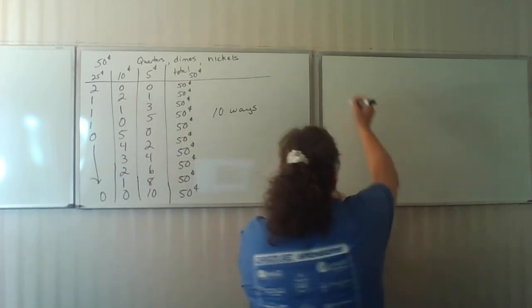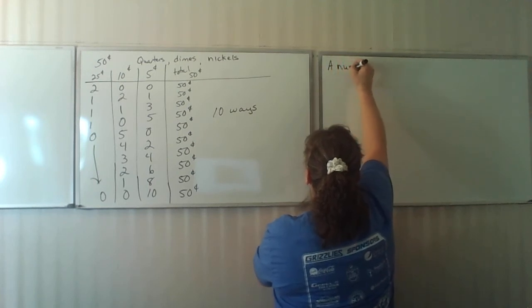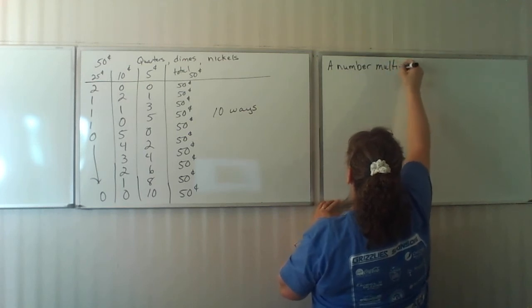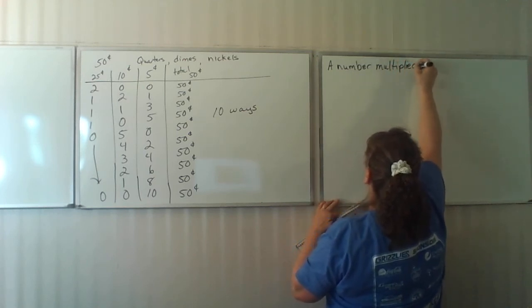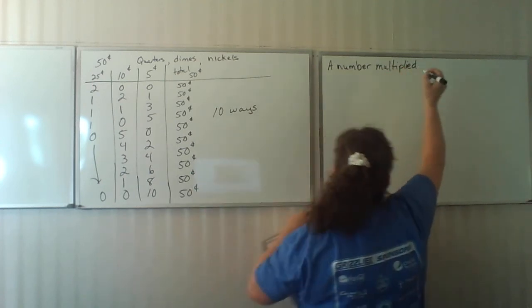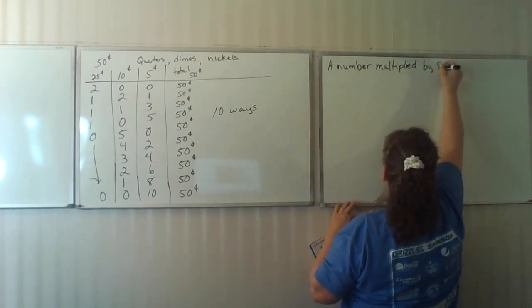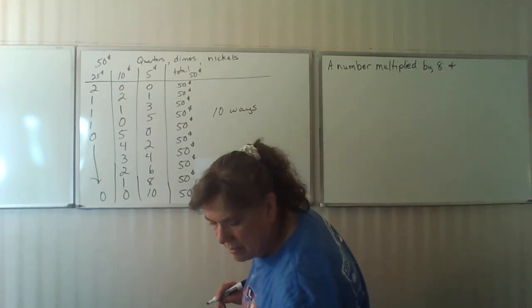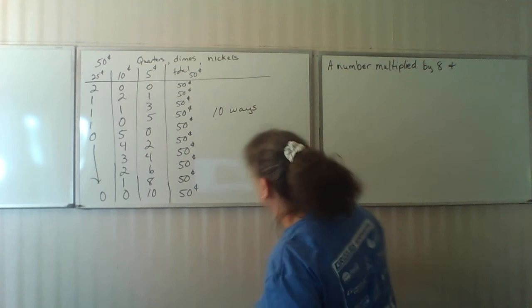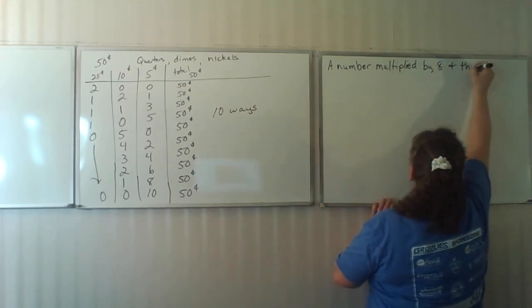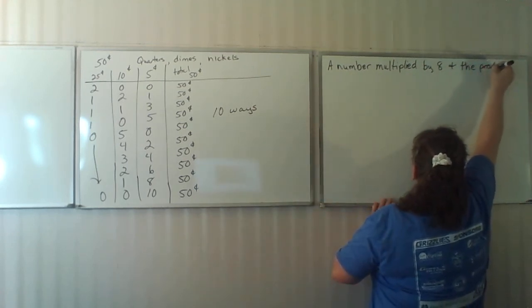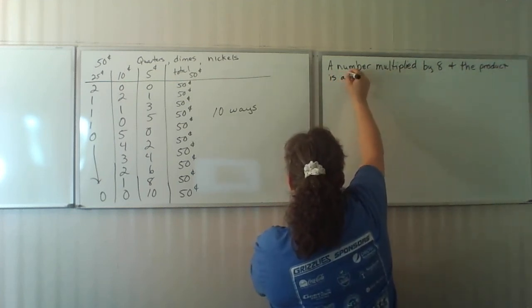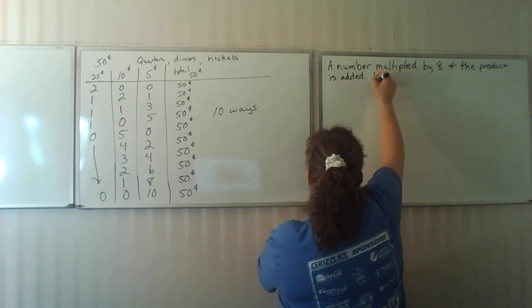A number multiplied by 8 plus the product, and the product is added to 6.